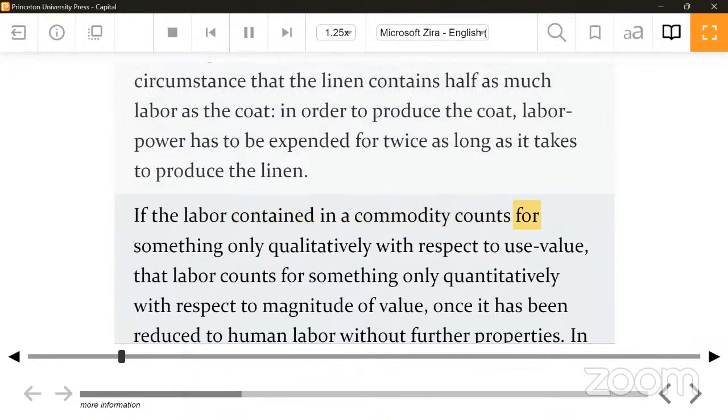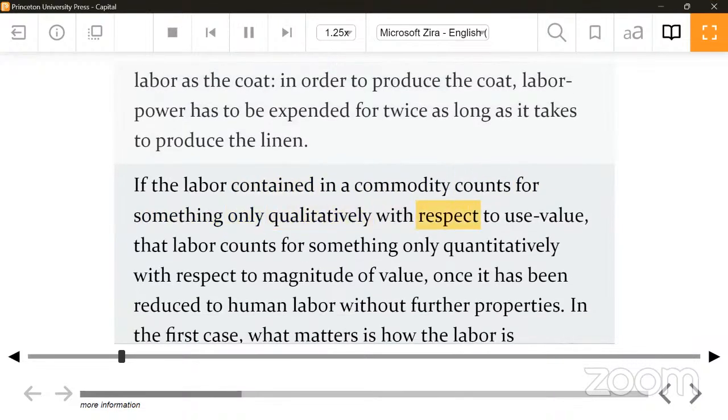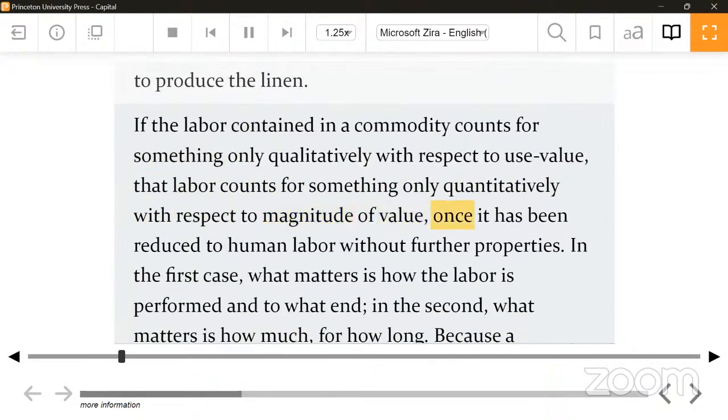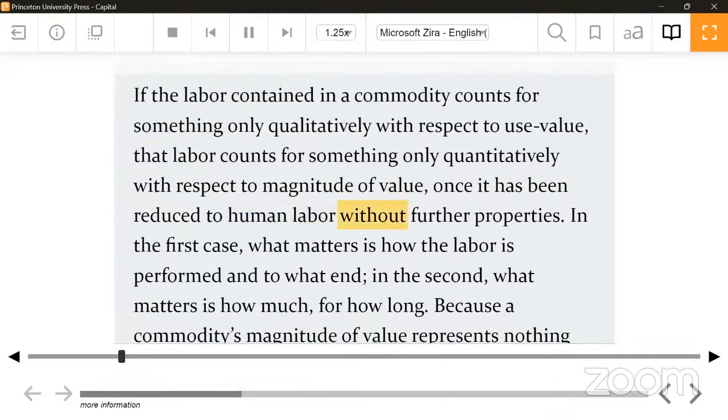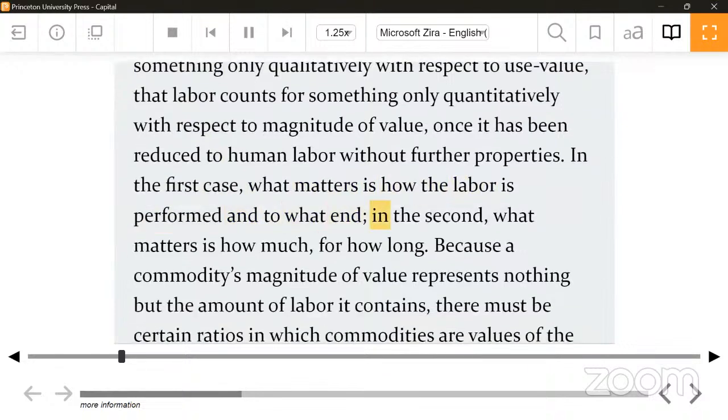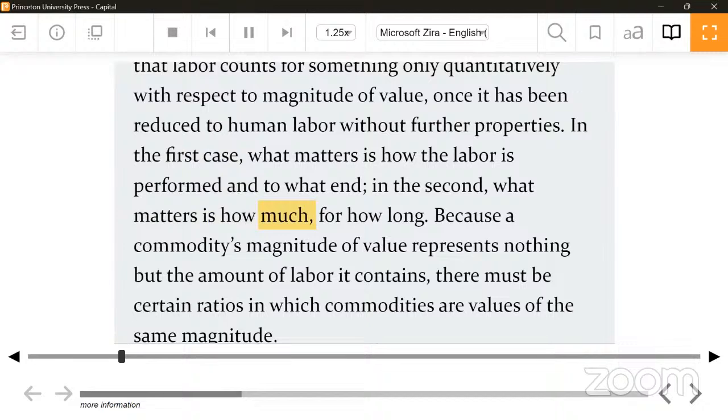If the labor contained in a commodity counts for something only qualitatively with respect to use value, that labor counts for something only quantitatively with respect to magnitude of value, once it has been reduced to human labor without further properties. In the first case, what matters is how the labor is performed and to what end. In the second, what matters is how much, for how long.